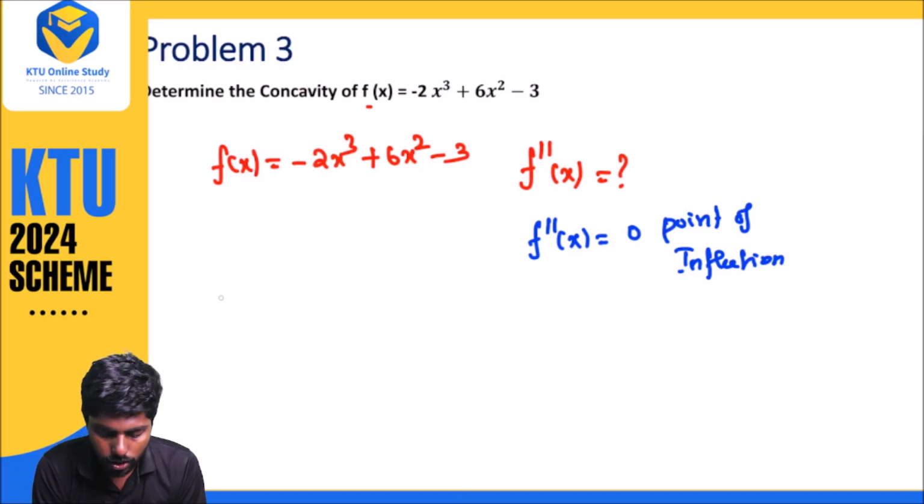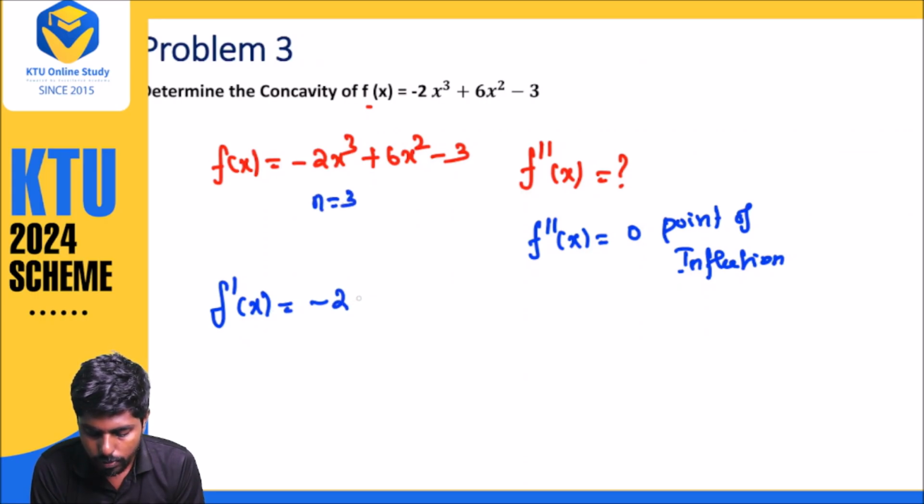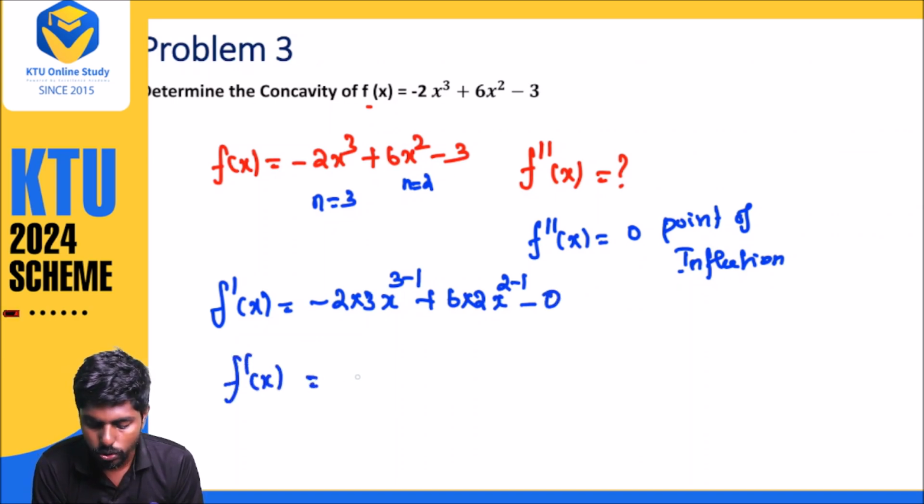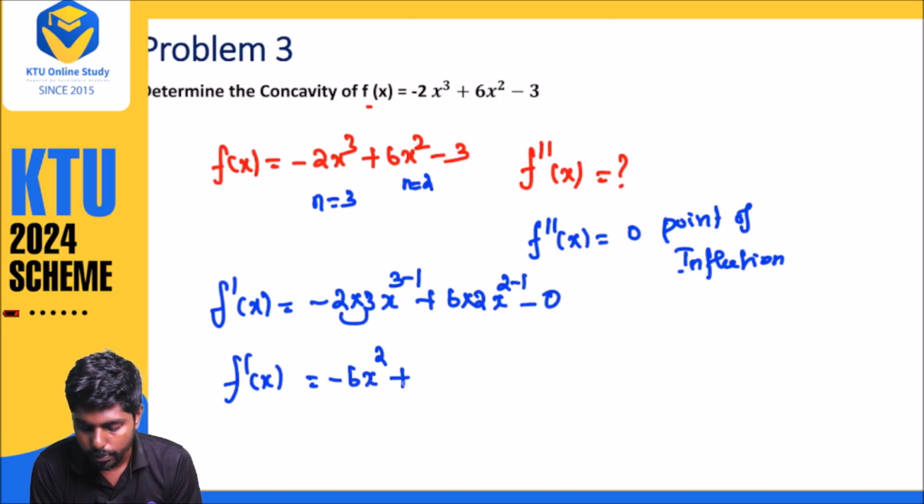So f dash of x is equal to minus 2 into 3, since n equal to 3, x power 3 minus 1, plus 6 into 2, since n equal to 2, x power 2 minus 1, and the constant term becomes 0. So f dash of x is equal to minus 6x square plus 12x.